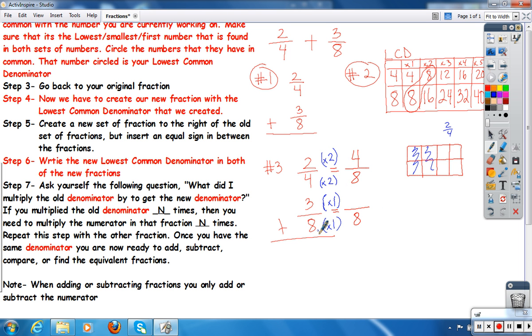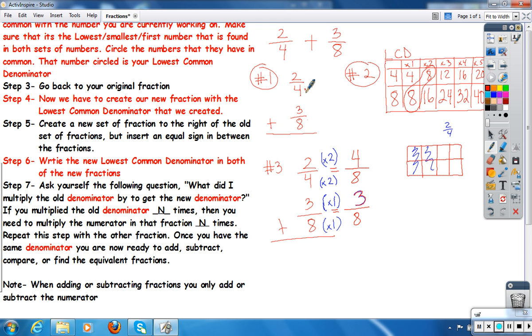So 8 times 1 equals 8, so 3 times 1 equals 3. Now, what do we have? 3/8, our new fraction. Even though our bottom number didn't change, we still needed to follow these steps to figure out how to solve for fractions when the denominator is not the same.